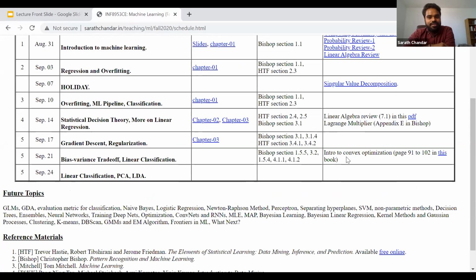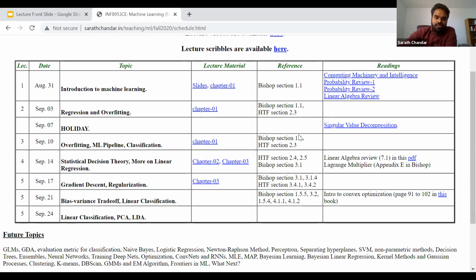As you might have noticed, the readings are complementary to whatever we learn in the class. Sometimes these readings are required for you to understand the future lectures. So I recommend you to take these readings seriously and do them every week. And the reference for all the chapters or the lectures have been updated here.